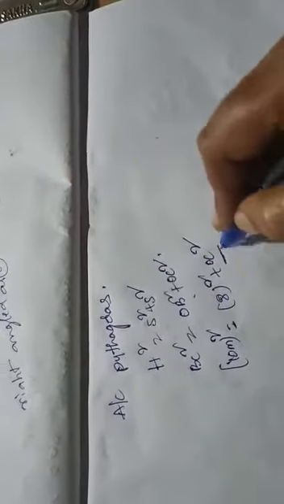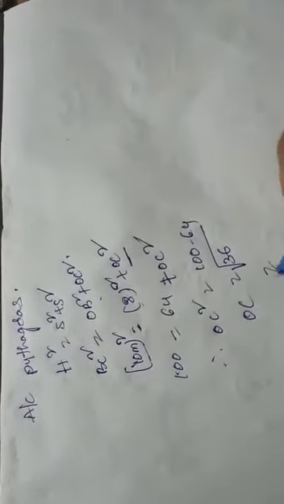Here we have to find OC. 10 square is 100 equals 8 square is 64 plus OC square. Therefore, OC square equals 100 minus 64, which equals 36. OC equals root of 36, plus or minus 6. Okay.